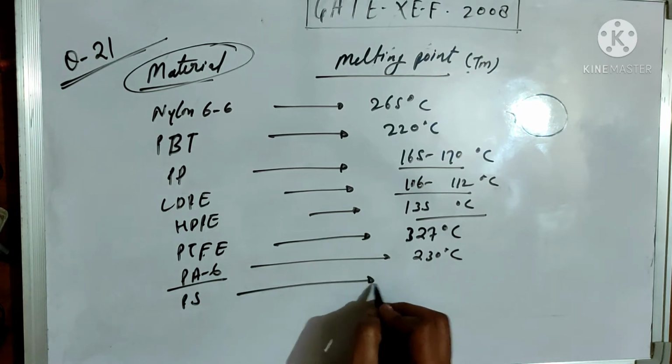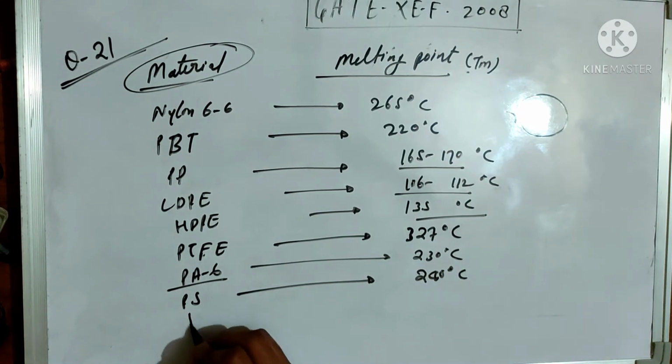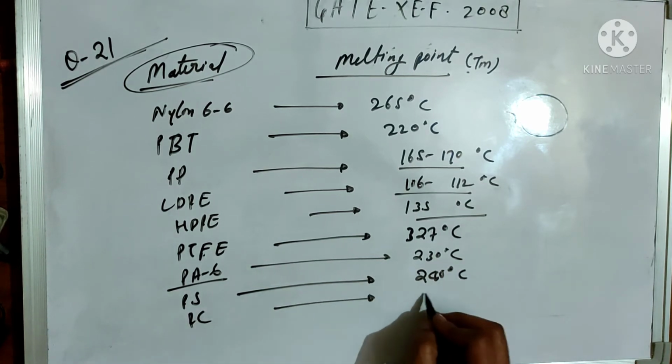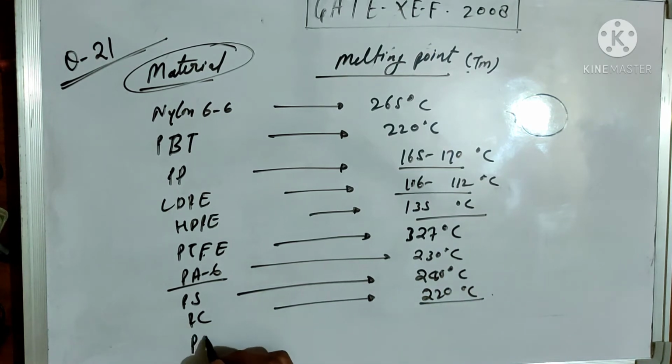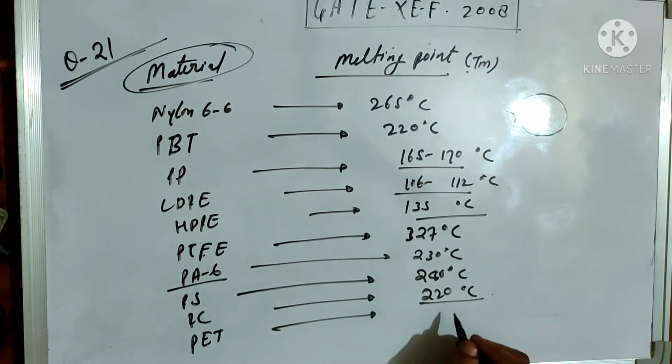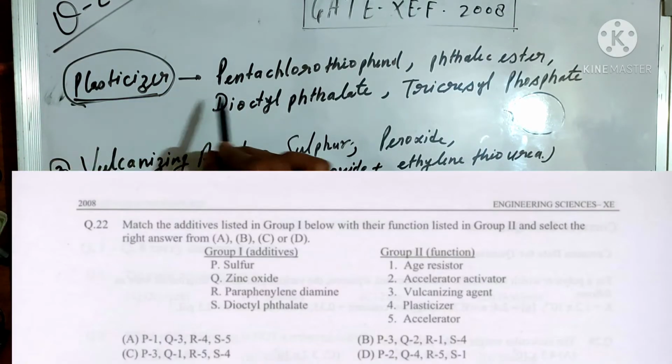Polystyrene has a melting point around 240 degrees centigrade. Polycarbonate has a melting point around 220 degrees centigrade. PET, polyethylene terephthalate, has a melting point around 250 degrees centigrade.